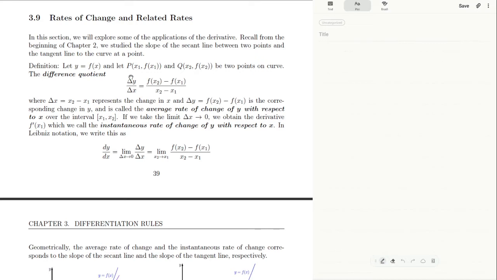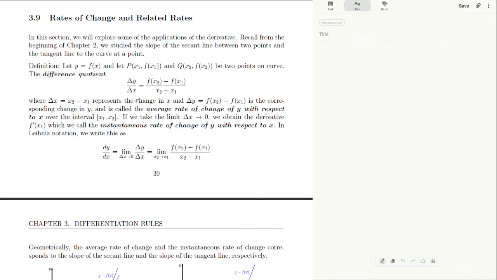So we have delta y over delta x, which is the difference in the y coordinates of these 2 points divided by the difference between their x coordinates. So delta x is x2 minus x1, and it represents the change in x, and delta y is f of x2 minus f of x1, which corresponds to the change in y.